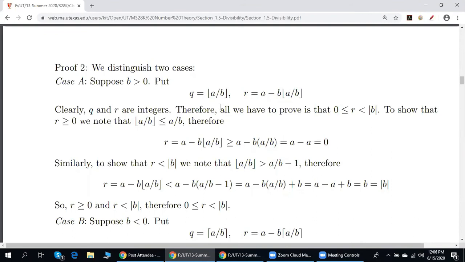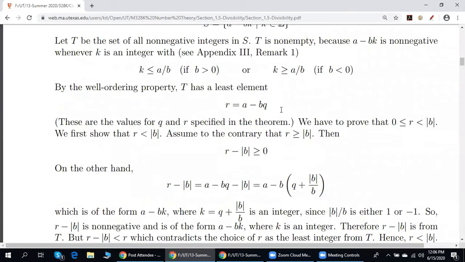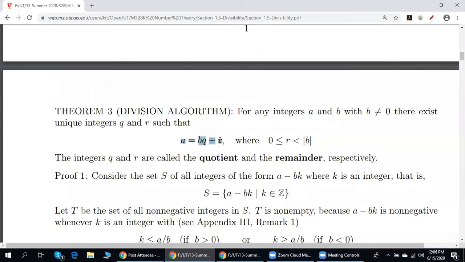In proof 2, we have explicit formulas for both q and r. By the way, this formula immediately follows from this and from this. Indeed, according to what is written here, r is a minus bq.